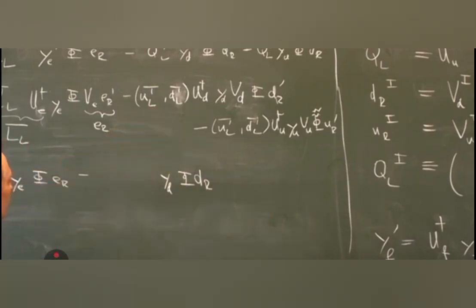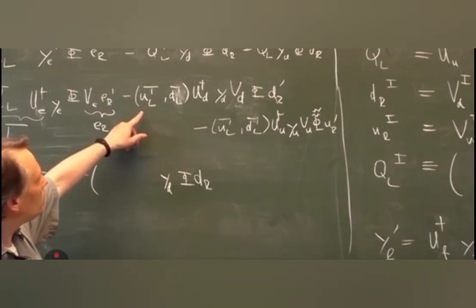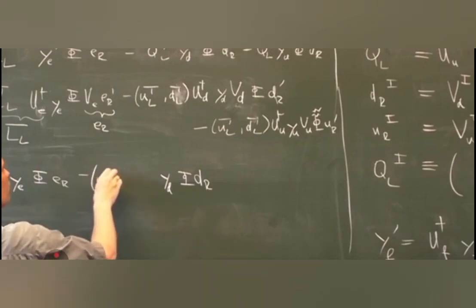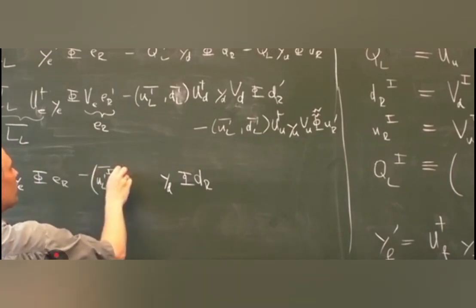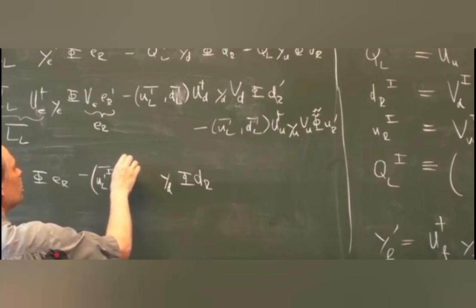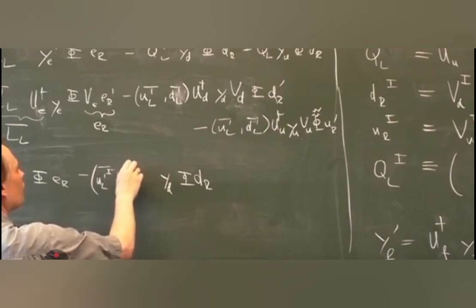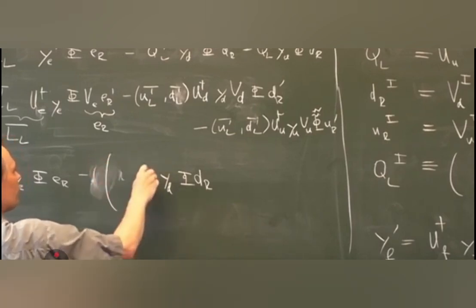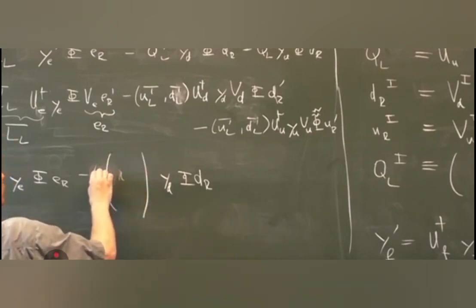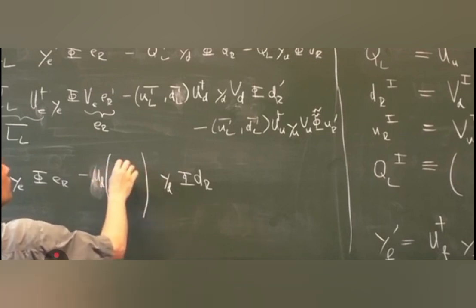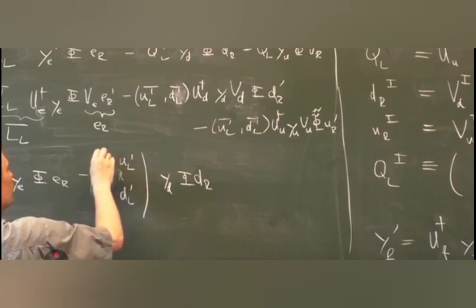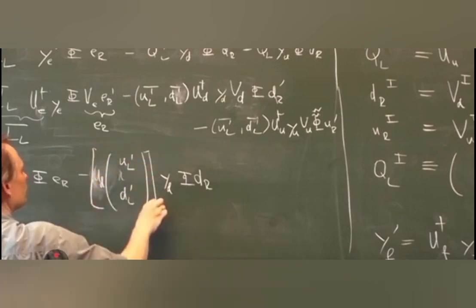And here we now have the following. Maybe it's nicer to write this as a barred vector. So it's U_D times the vector (u_L', d_L'), and the whole combination gets a bar.